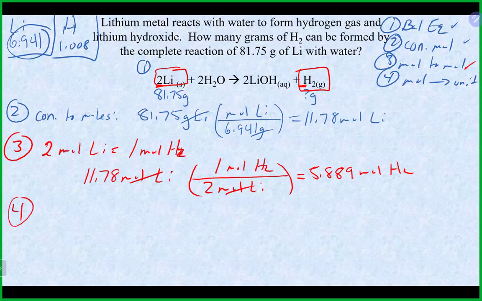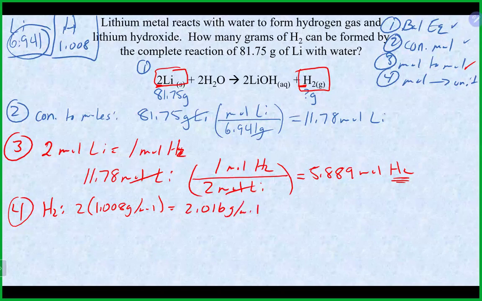It's important to remember we're now at H2 and not lithium, which means we do need to calculate the molar mass of H2, 2 times 1.008 from the periodic table, 2.016 grams per mole. That's going to be used as a conversion factor.